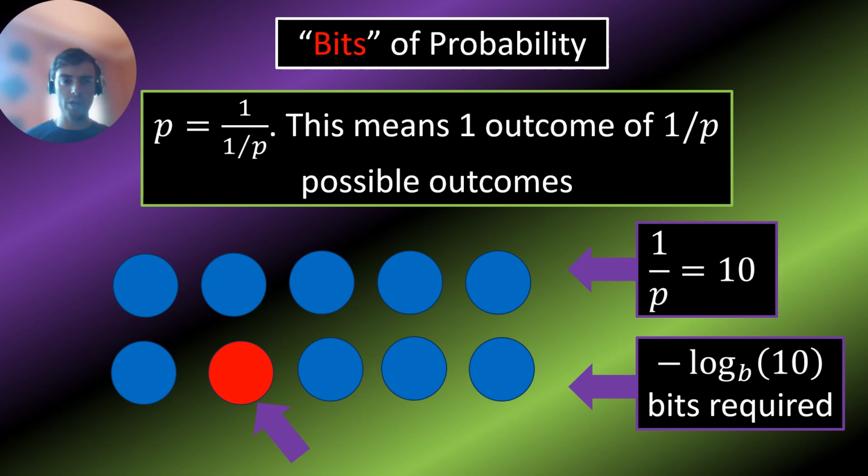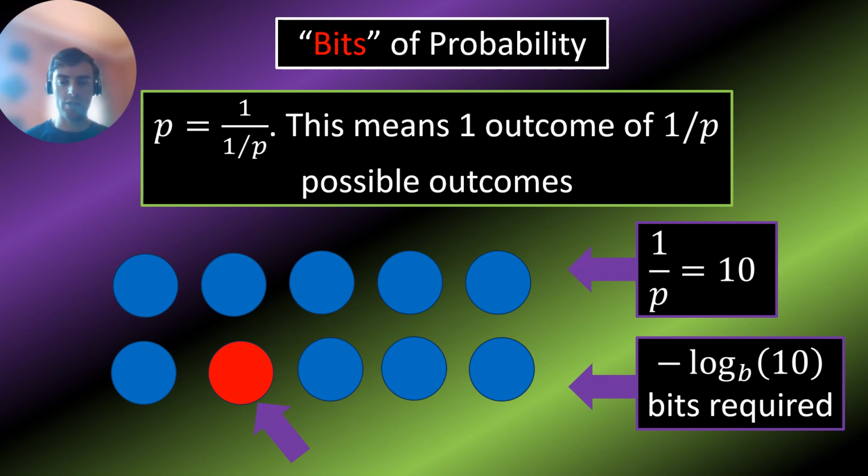All right, so when you say p is 1 over p, this means that one outcome of 1 over p possible outcomes is represented as the thing that happens. So basically, you have a picture. In this picture over here, you have 10 circles total, and one of them is red.